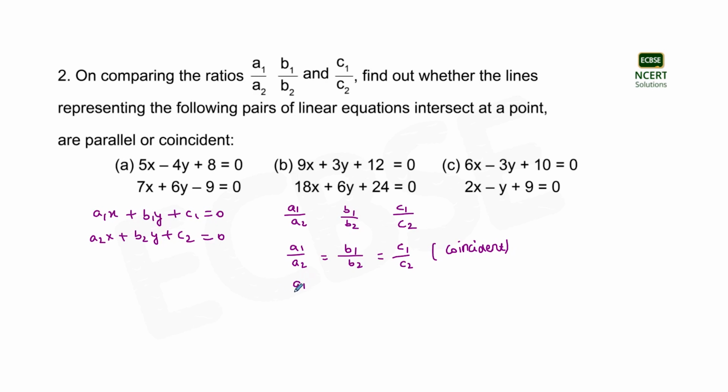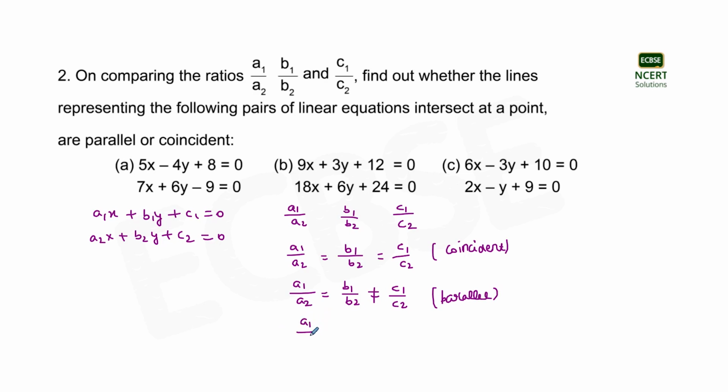And if the ratio a1 by a2 is equal to the ratio b1 by b2 but is not equal to the ratio c1 by c2, then such a pair of linear equations are parallel lines.